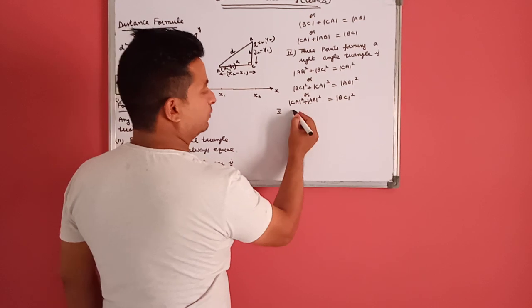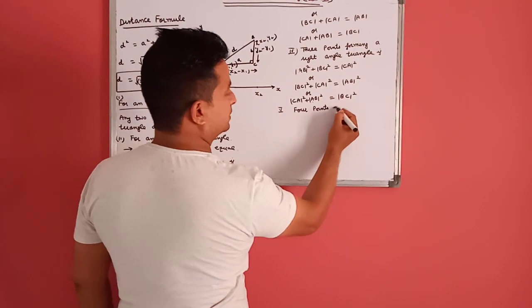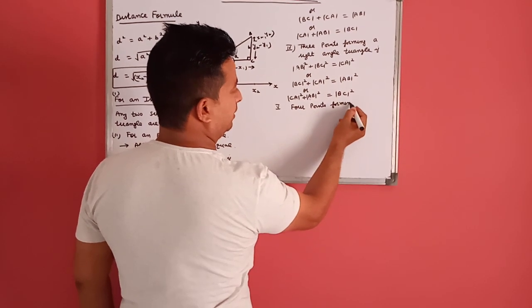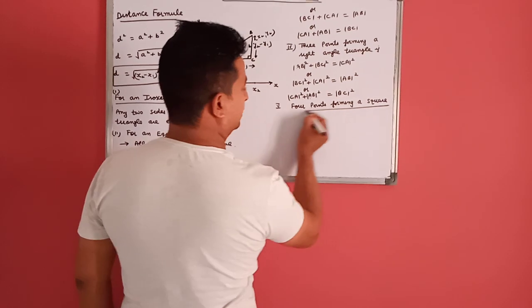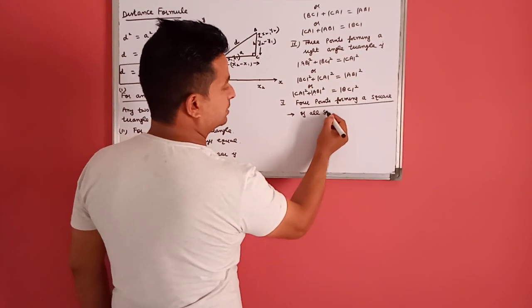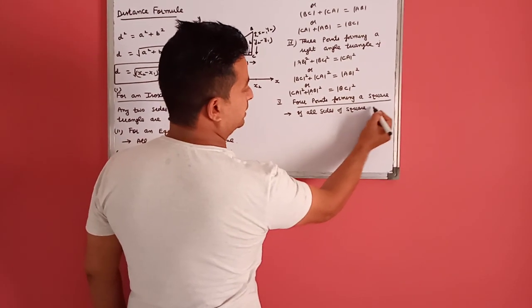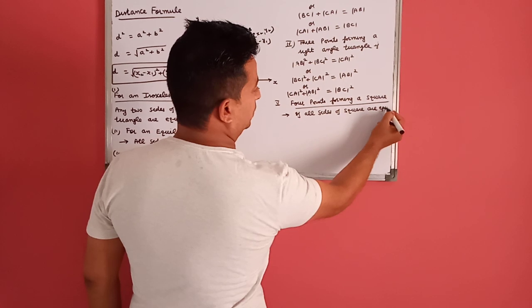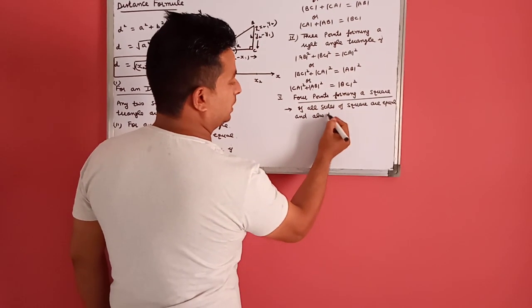Fifth, 4 points form a square if all sides of the square are equal and also the diagonals.